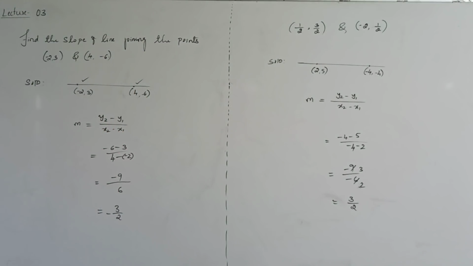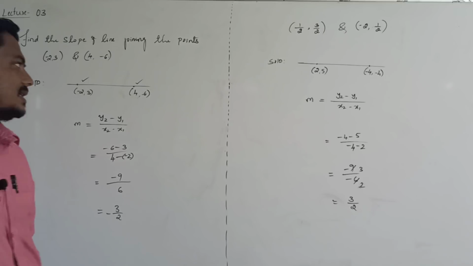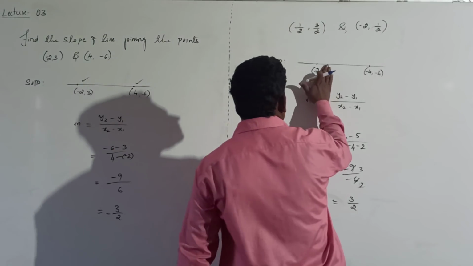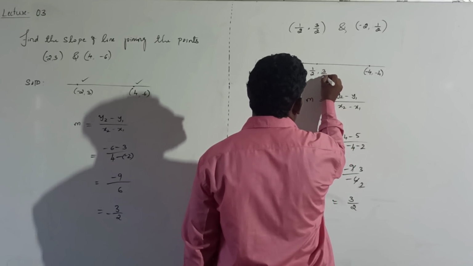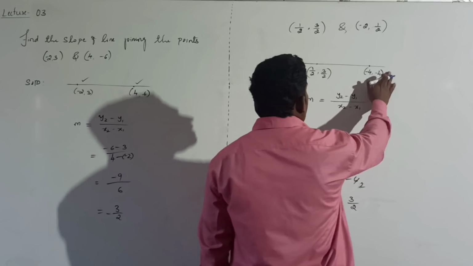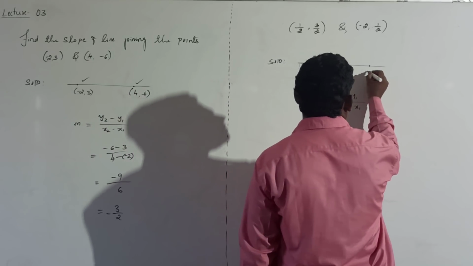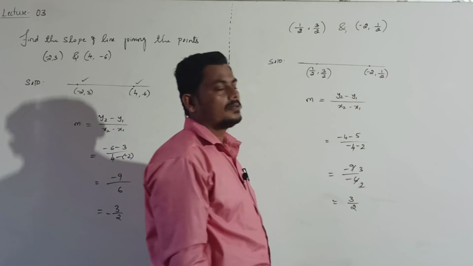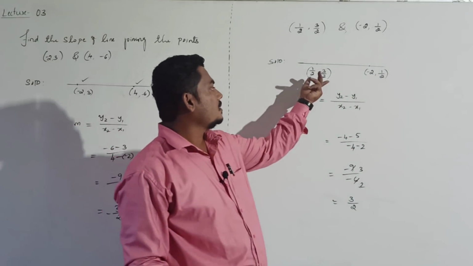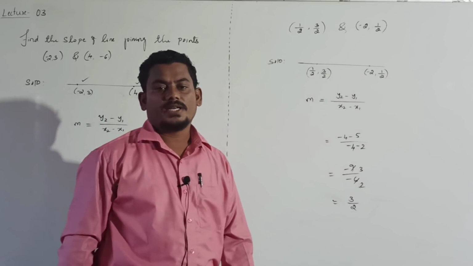Find the slope of line joining given 2 points. Same procedure only. Take first point as 1 by 2 and 3 by 2. And what is second point? Minus 2 comma plus 1 by 2, right? First point x1 y1, second point x2 y2.